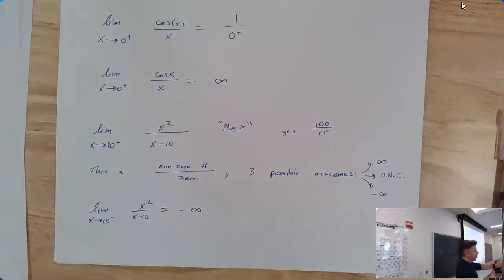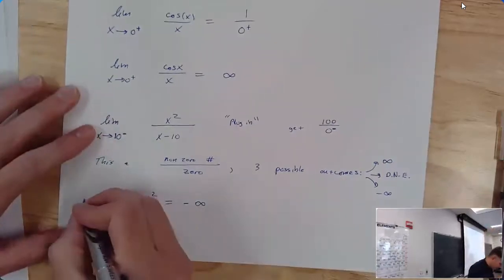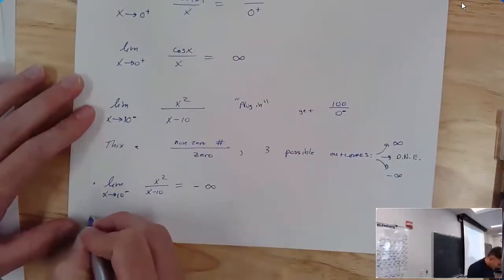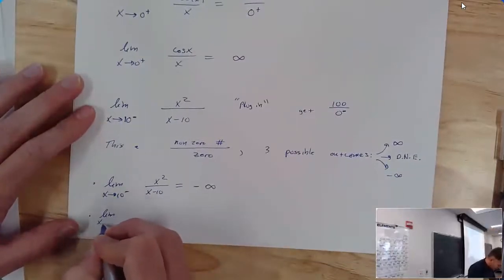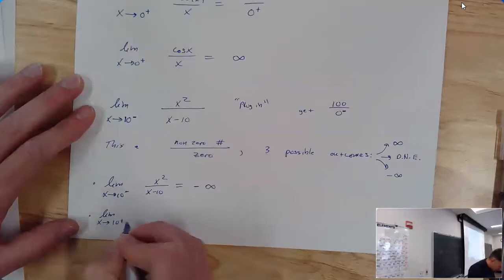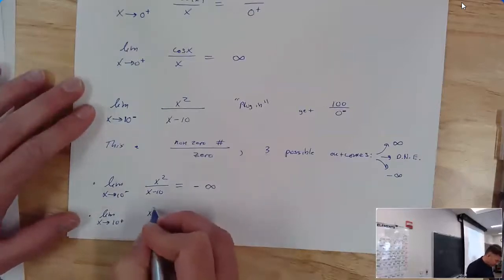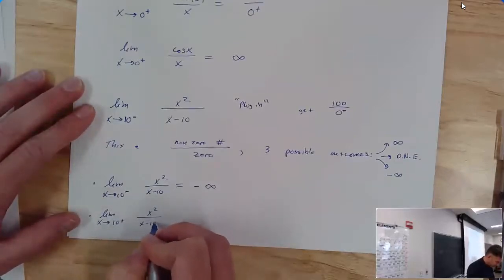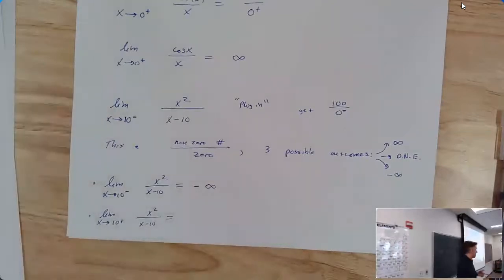Let's look at the other side of this limit. What if I look at the limit as x approaches 10 from the right-hand side of x squared over x minus 10? Now if I'm plugging in a number that's a tiny bit larger than 10, the numerator is still 10 squared. I'm just going to throw in a straight 10.